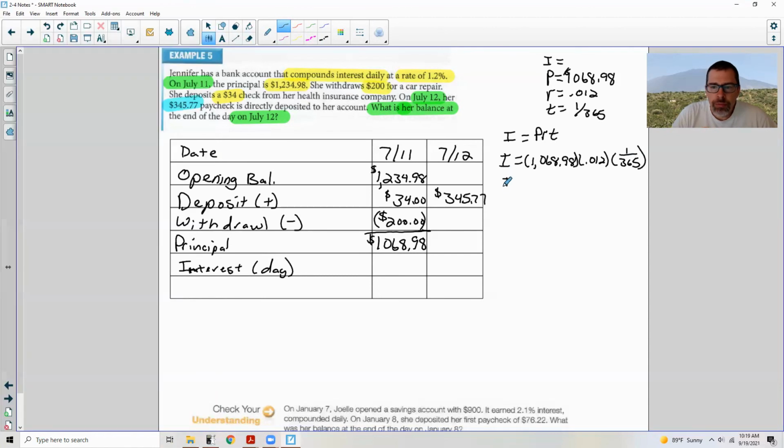It's going to be 4 cents. Okay, so the interest from that day is 4 cents. So what is our ending balance going to be? It's going to be 1,068.98 plus 4 cents, which is 1,069.02.